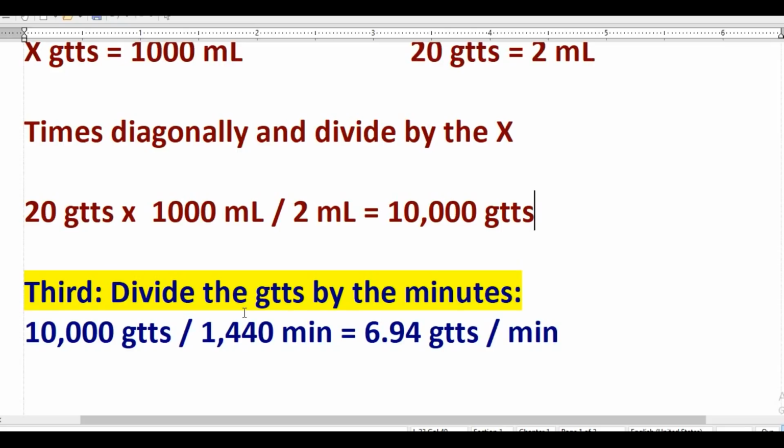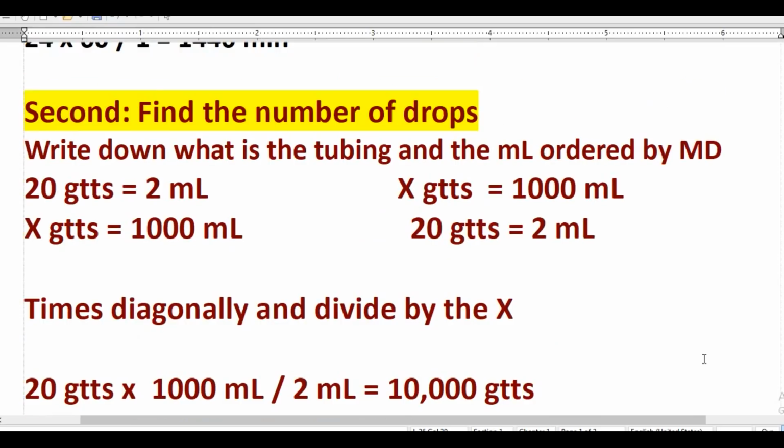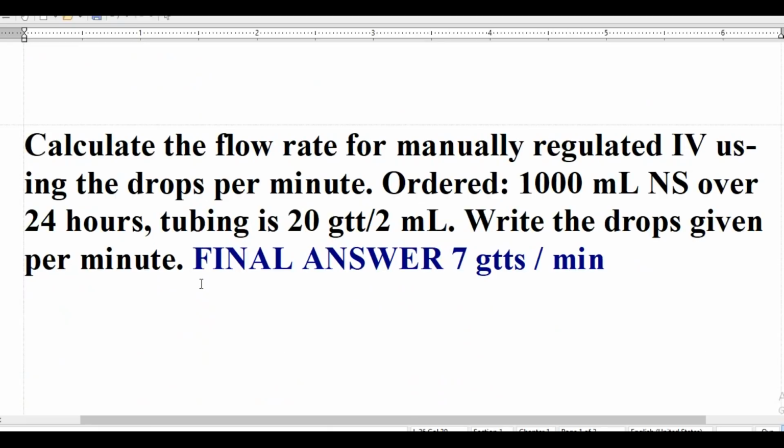So since the next number after the decimal point is a 9, we want to round up. Okay? If it's 4 or lower, you want to round down. So if this said 6.44, we would give 6 drops. But this says 6.94 drops, so you want to round it up to 7. So our final answer is 7 drops per minute.